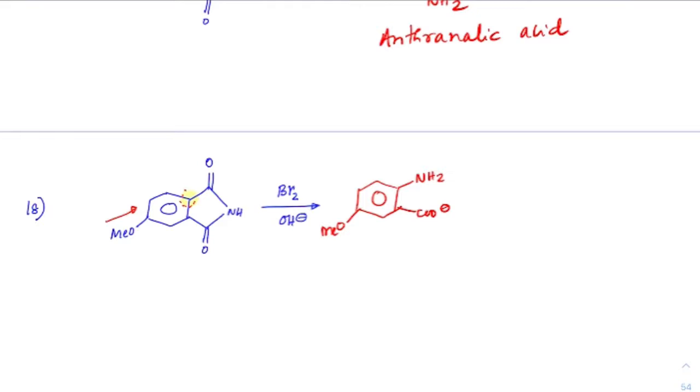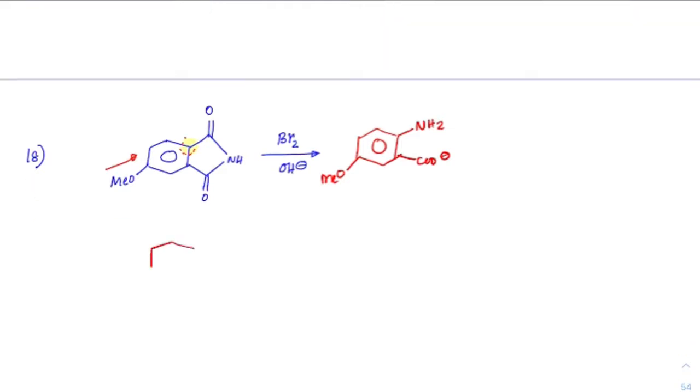Okay, so depending upon whether it is donating or withdrawing, accordingly you will treat. Suppose the same question is given with NO2 here, phthalimide with NO2 given. Now this time the product would be on the other side because NO2 at the para position is withdrawing, much more withdrawing compared to that of the meta position.